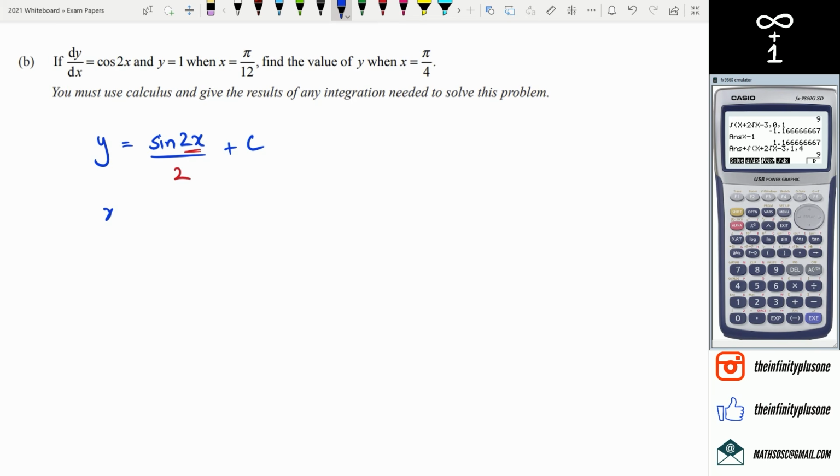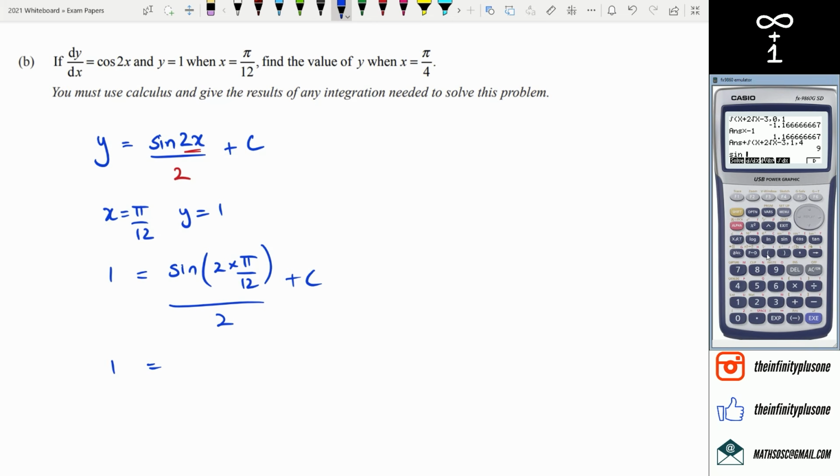Next, we've got x is equal to pi over 12 and y is equal to 1. So we're going to use that to figure out what c is: sine of pi over 6 over 2 plus c. Sine of pi over 6 ends up being 0.5.